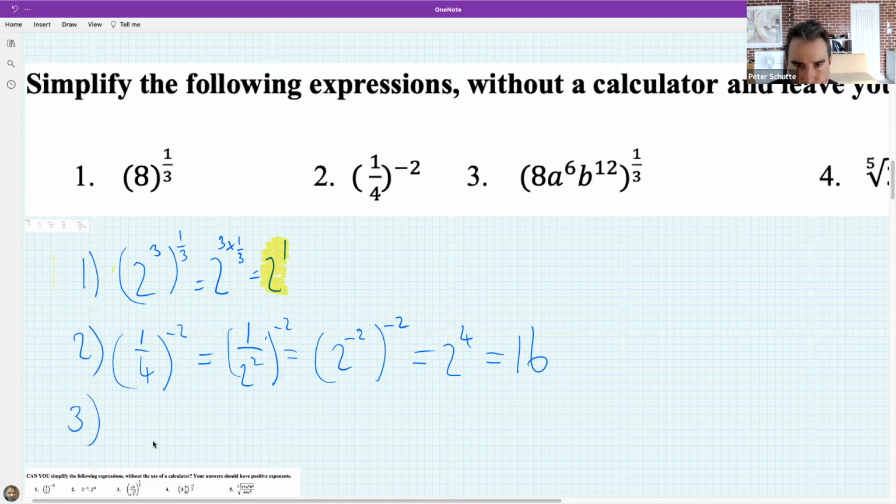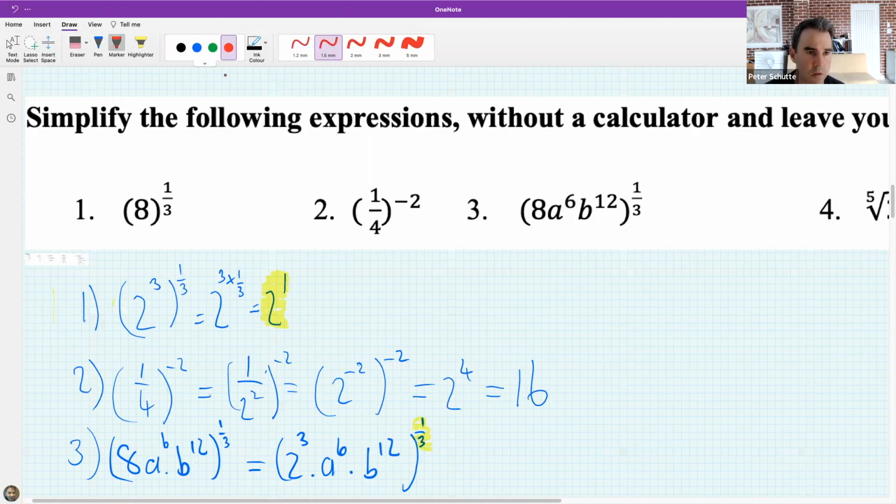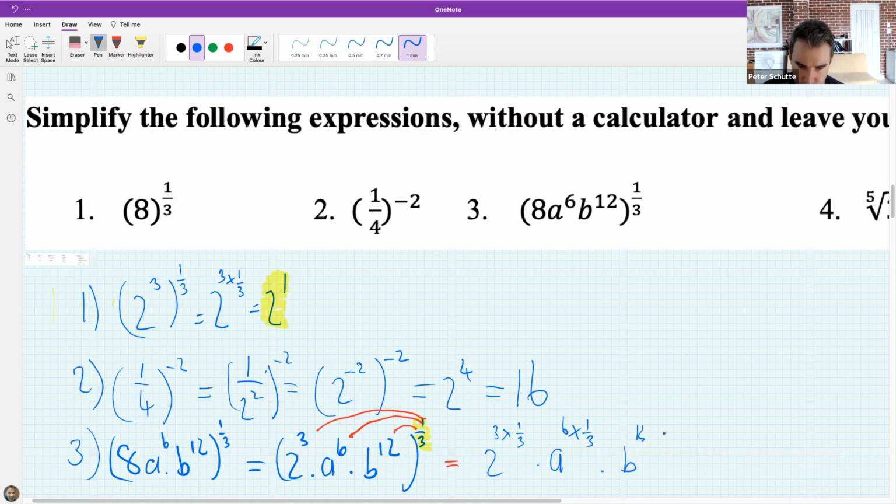And there's a couple of ways we can do question 3. Oh, my pen is being a bit funny.